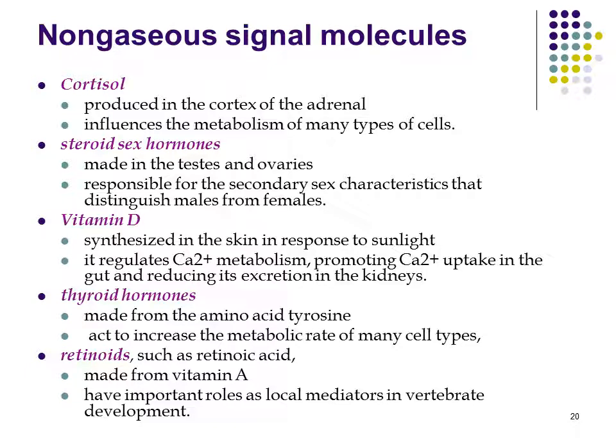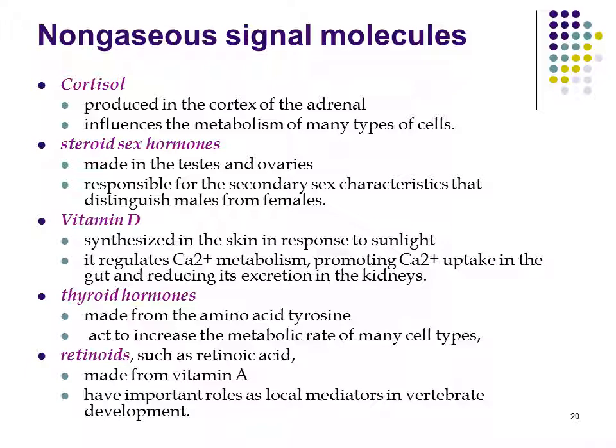Cortisol produced in the cortex of the adrenal gland influences the metabolism of many types of cells. Steroid sex hormones made in the testes and ovaries are responsible for the secondary sex characteristics that distinguish males from females. Vitamin D is synthesized in the skin in response to sunlight. It regulates calcium metabolism, promoting calcium 2+ uptake in the gut and reducing its secretion in the kidneys.